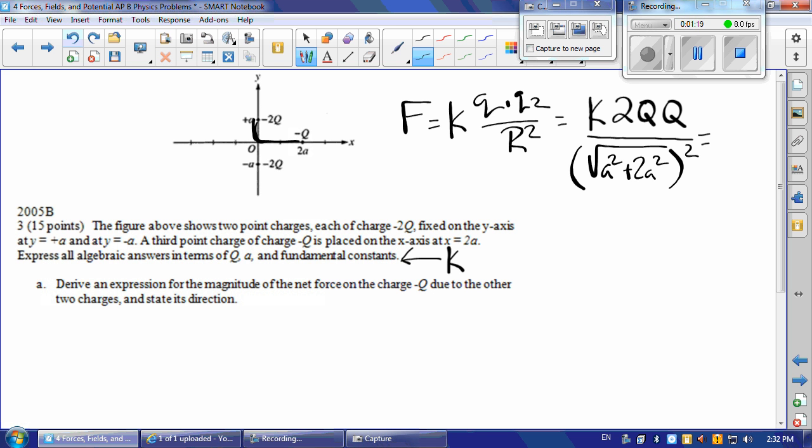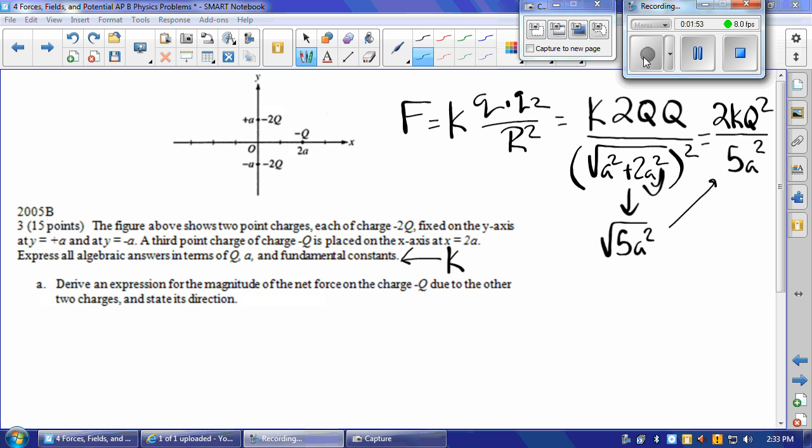So this is going to end up being 2kq squared all over 5a squared, because this reduces down to the square root of a squared plus 4a squared, since the square applies to both the 2 and the a. And then when you take the square of that, you end up with 5a squared on the bottom.